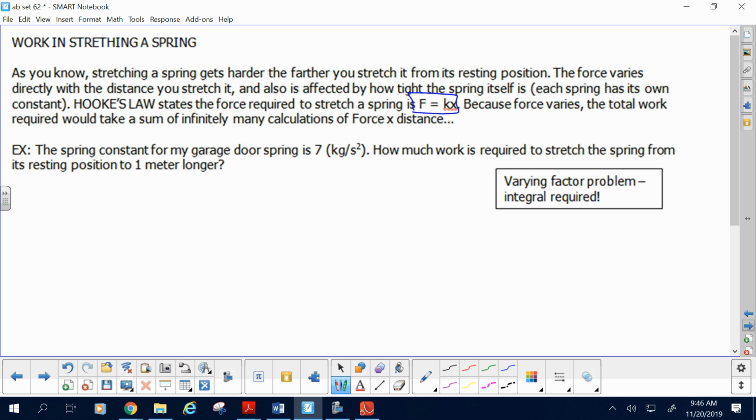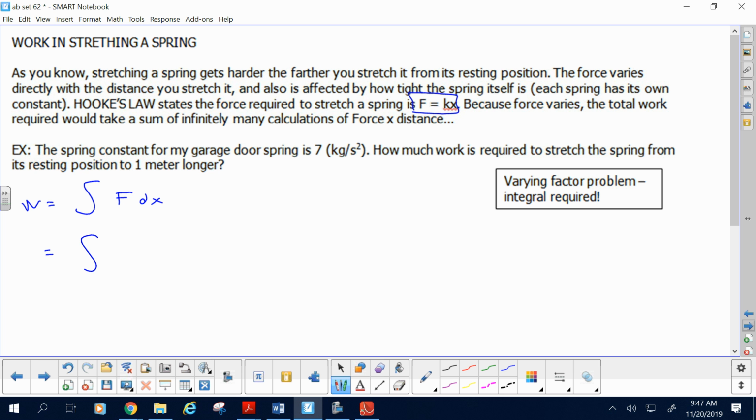Now, if I want to then figure out how much work is required to stretch it over a certain period of time, again, I'm going to have to use calculus because every time you move it, it's a totally different amount of force. So I'm going to have to accumulate the sum of many force over small changes in position or displacement kind of calculations.